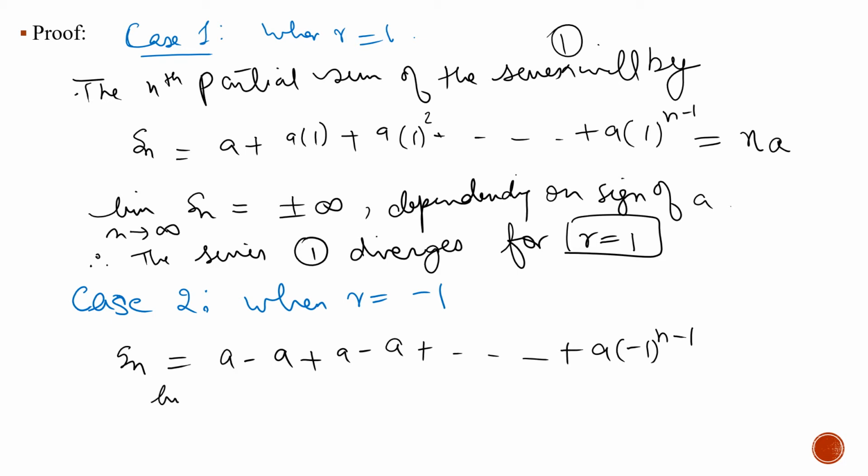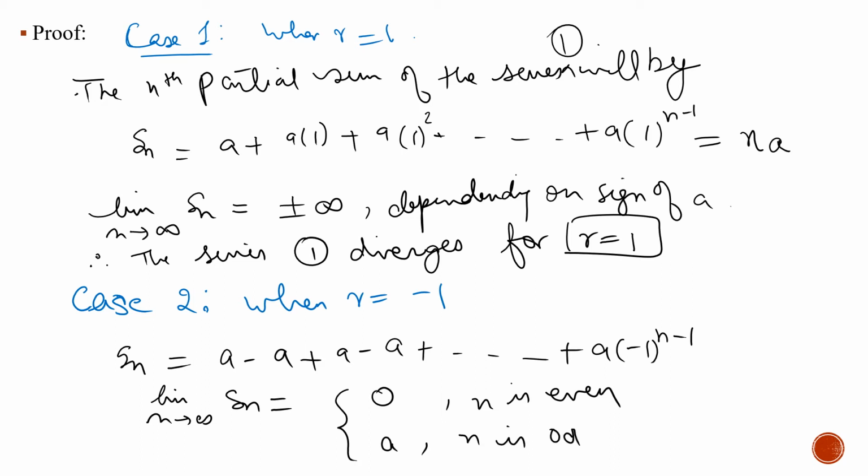Now if you find the limit of this, you will find it is equal to 0 when n is even, and equal to a when n is odd. So this is not unique, and so the limit does not exist.